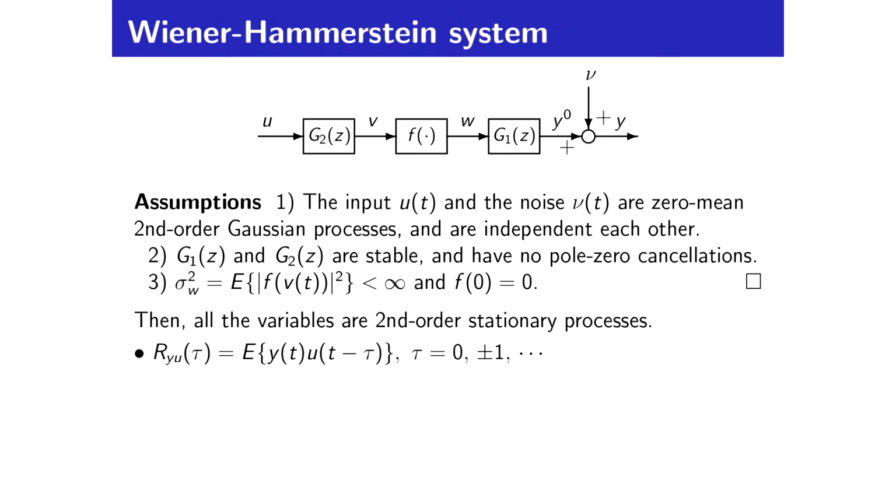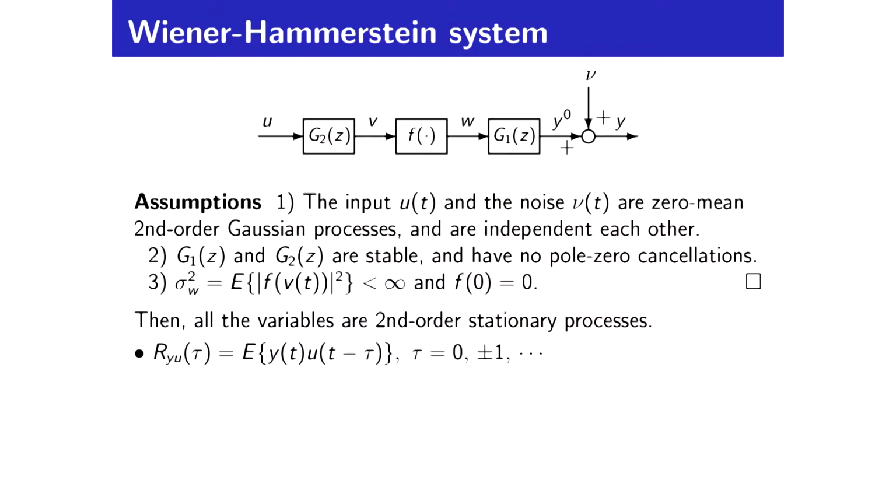Gaussian input is really needed, because otherwise the whole procedure collapses. So the input should be Gaussian, and G1, G2 are stable and have no pole-zero cancellation.